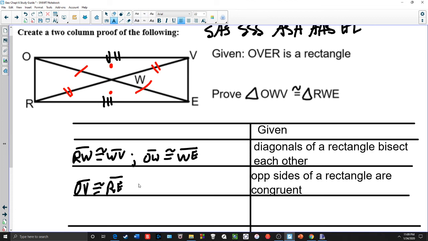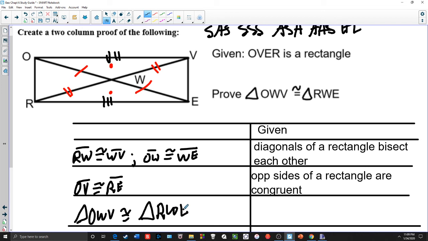And then the final thing we can do is say our proof statement. So we can say that triangle OWV is congruent to triangle RWE by side, side, side.